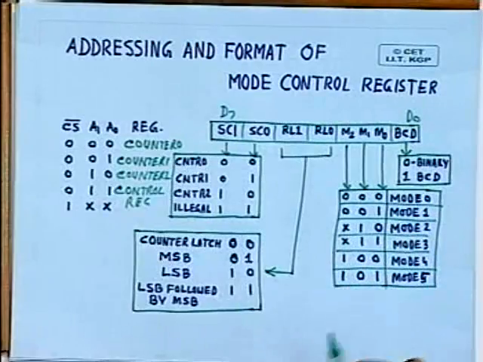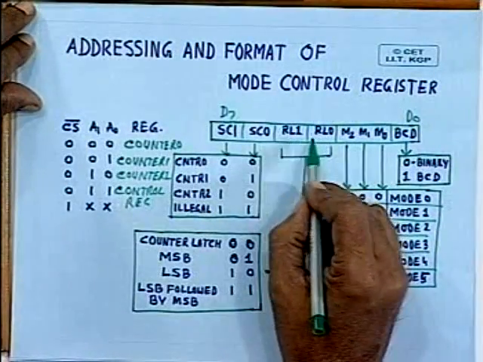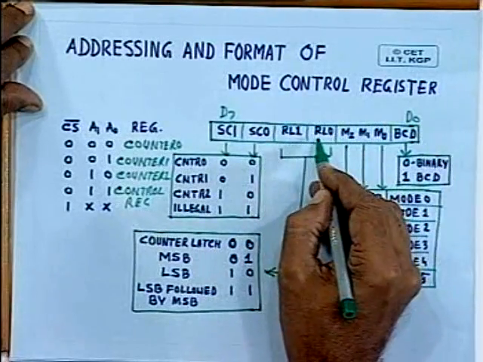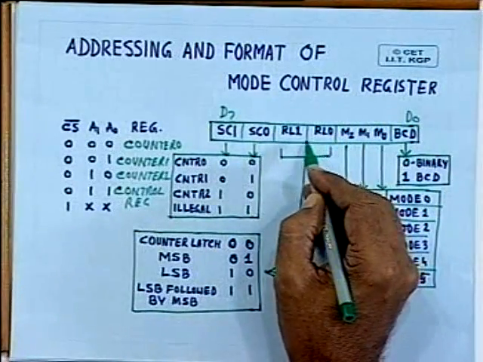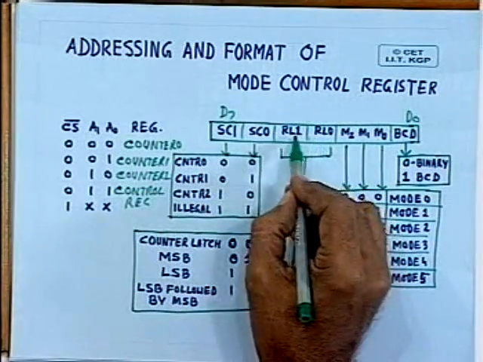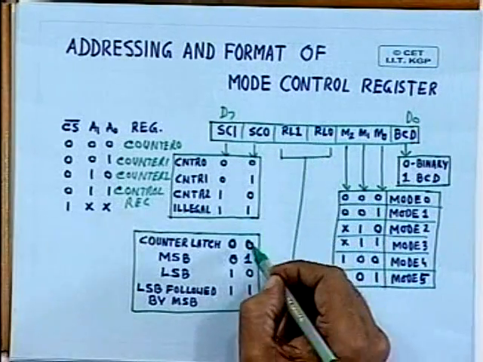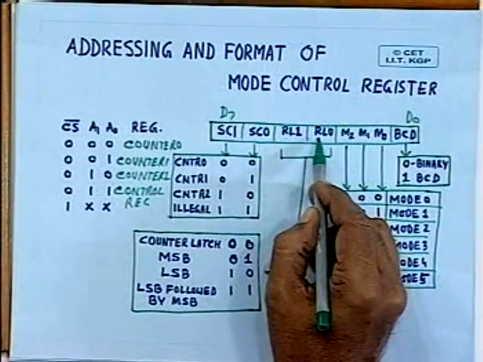And then as I was telling that you have got a 16-bit register, you are using the same address to access both the bytes, lower order byte and higher order byte. How it is done is explained with the help of these 2 bits.